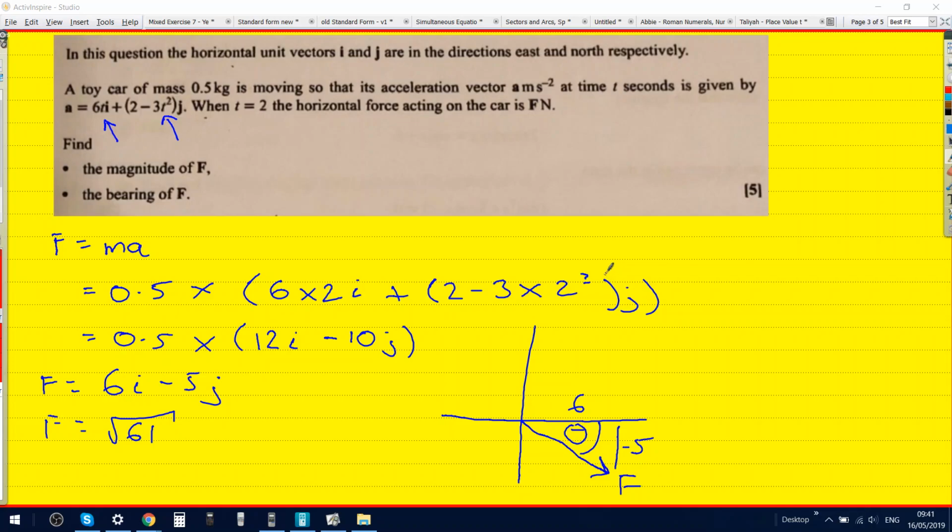No, I'm not sure. So to get that angle, this is the adjacent. Yeah. This is the opposite. Yeah. And so how can you find the angle? So is it opposite over adjacent? Yeah. Minus 5 over 6.